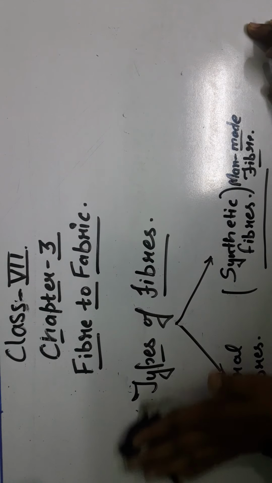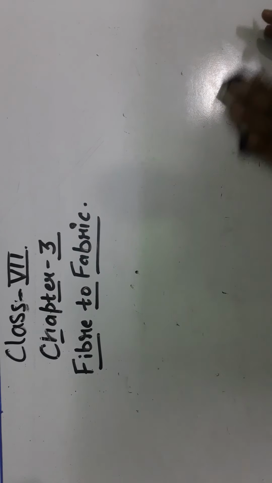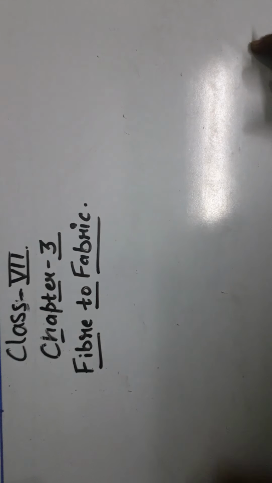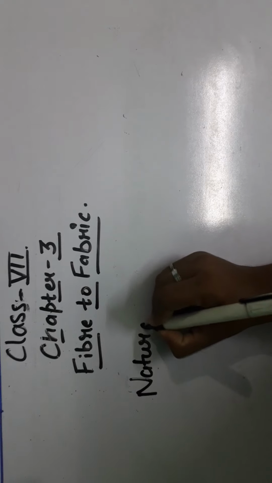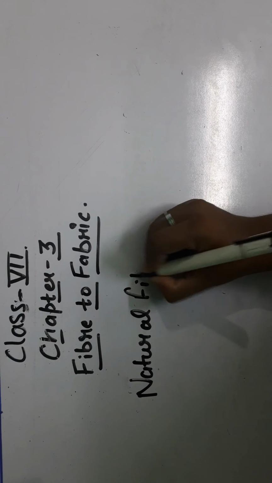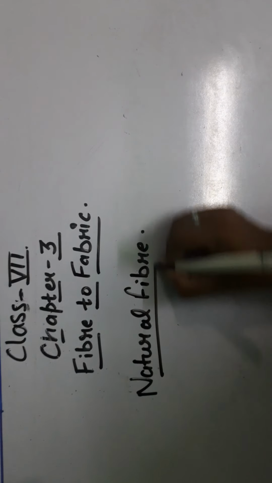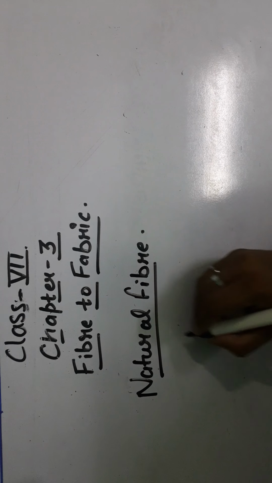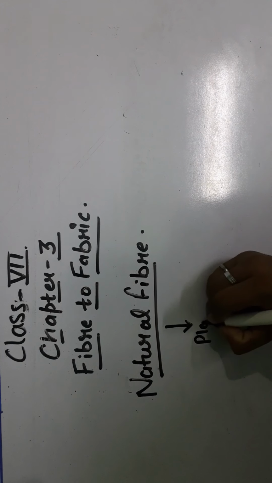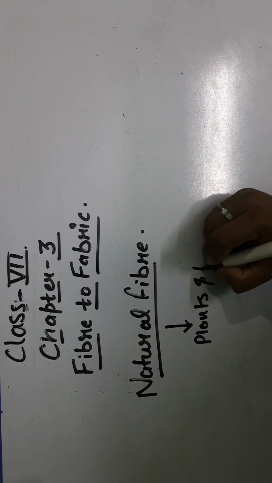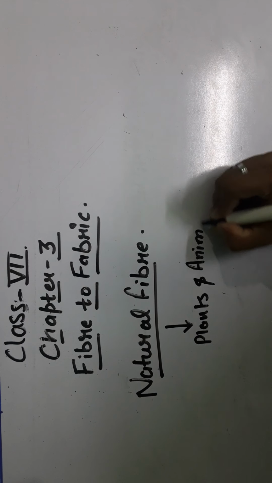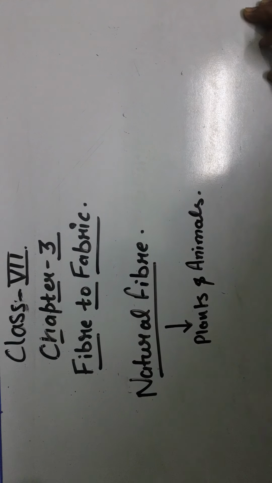Taking up the first type of fiber which we will learn in class 7, that is natural fiber. As the name suggests, natural, it is derived from plants and animals. So the fibers which are derived from plants and animals are called natural fibers.